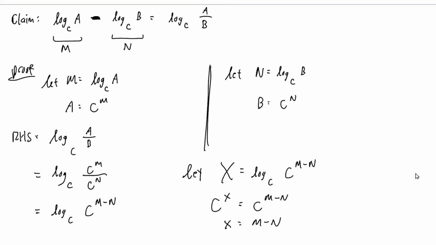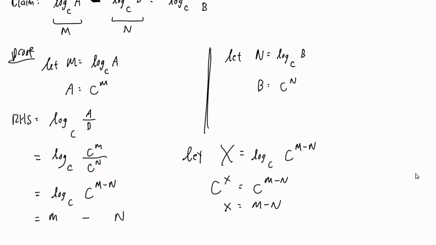X equals M minus N, but X is just this expression, so we can call this M minus N. How do you get the minus here again? It was from this key step: when you divide exponents, you subtract the power. Same base, different power, divide, minus.